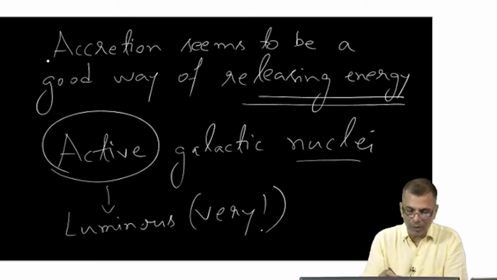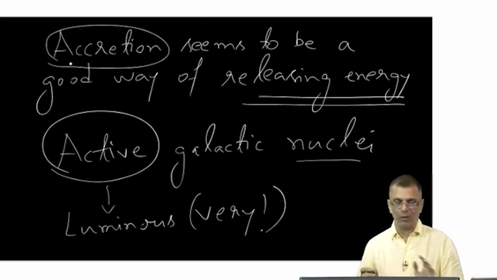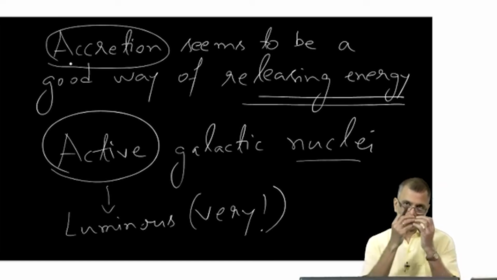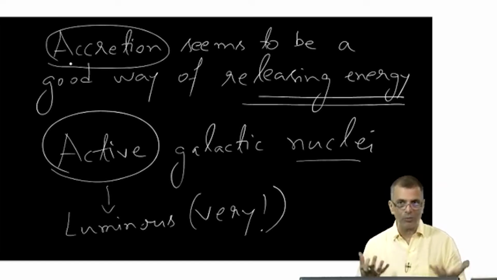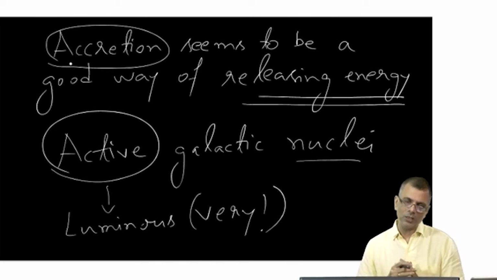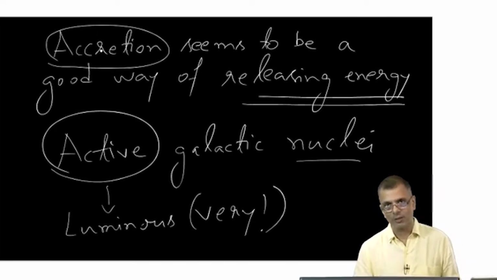It will tend to enable accretion. So it stands to reason that there is some kind of connection between accretion and energy release. It is these central objects that naturally will accrete matter, and they are also very, very luminous.